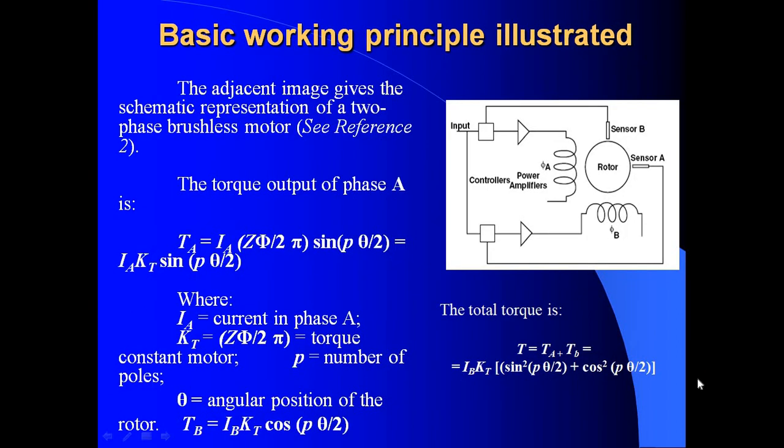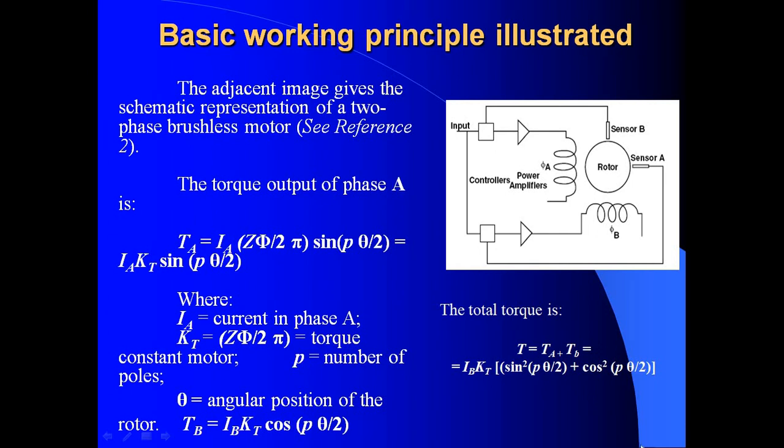Basic working principle illustrated. In the adjacent image is the schematic representation of a 2-phase brushless motor. See reference. The torque output of phase A is T_A = Ia Zφ/2π sin(Pθ/2), that is, Ia KT sin(Pθ/2).